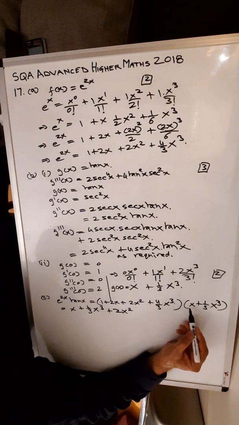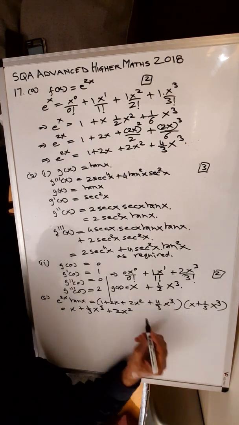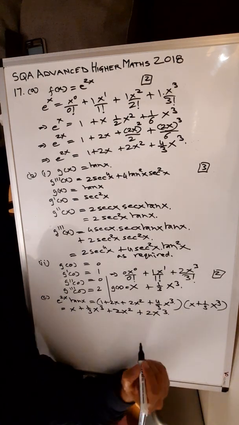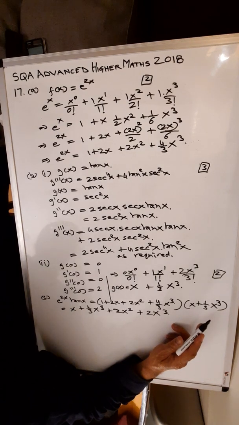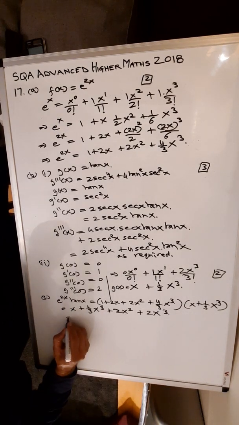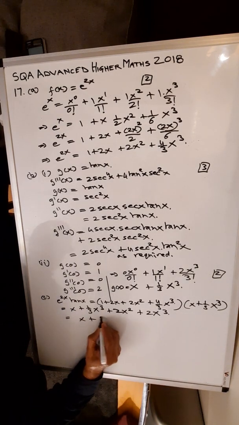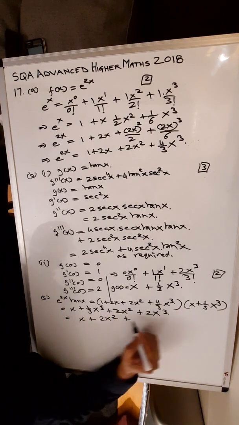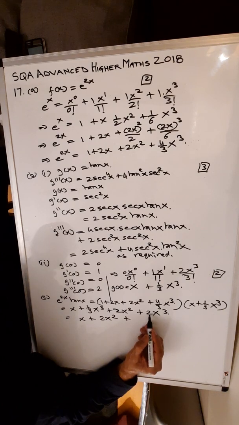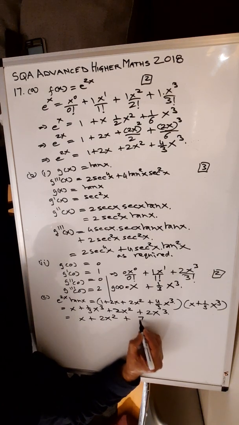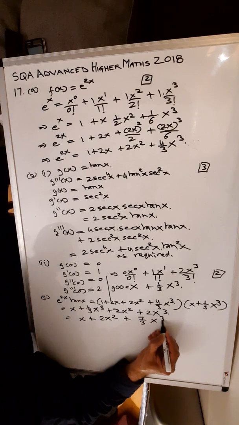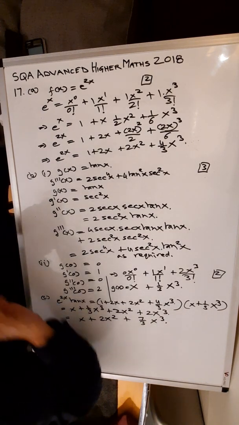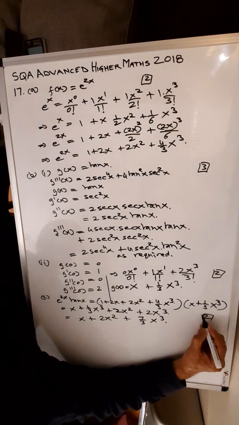And 2x squared times this gives you plus 2x cubed. 2x squared times the next gives you your term x to the 5, that's no use. Adding these up, you've got x plus 2x squared plus 2x cubed plus 1/3, which is 6 over 3 plus 1 over 3, so 7 over 3 x cubed. That is part C, and part C is for 2 marks.